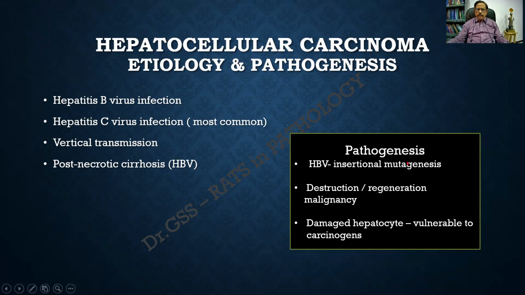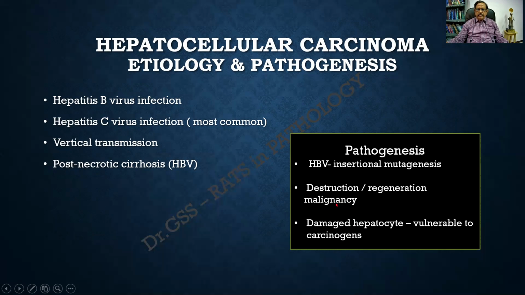A brief word about the pathogenesis. There can be what is called insertional mutagenesis. There is a mutation that is caused in the chromosome, later on leading to uncontrolled malignancy. Also, in any of the hepatic disorders, there can be destruction followed by regeneration of the parenchyma.